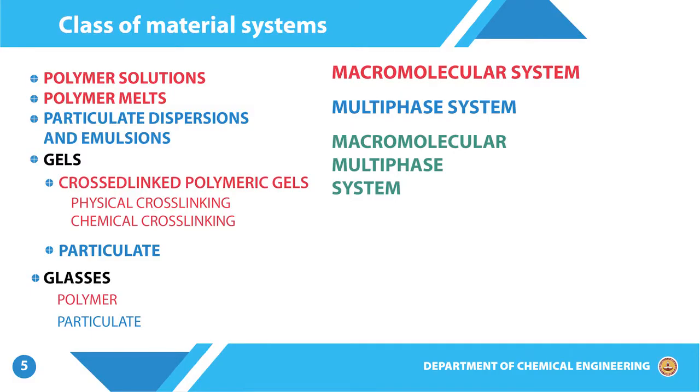In the remaining set of lectures, we will look at the multiphase systems, and again we will adopt a similar approach in terms of looking at dispersions and emulsions, and then the particulate gels and particulate glasses. Also in these segments we will look at macromolecular and multiphase systems together, where polymers as well as particulate systems are used together in terms of material formulations.